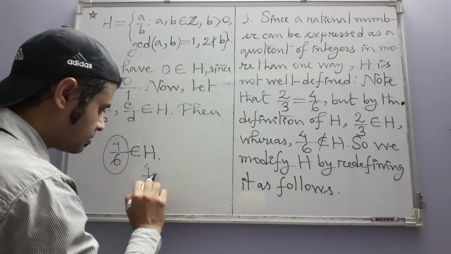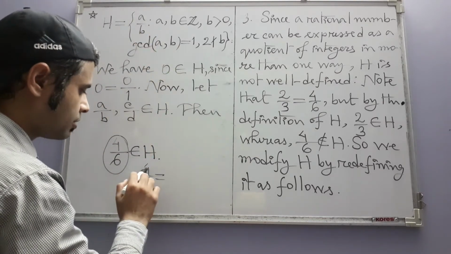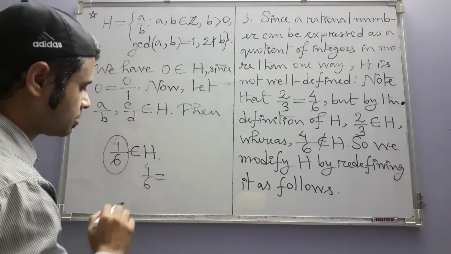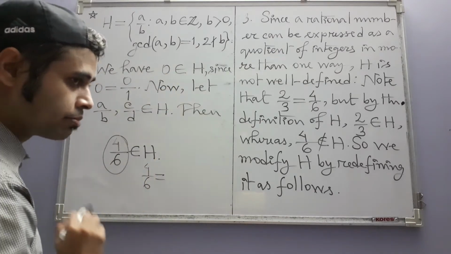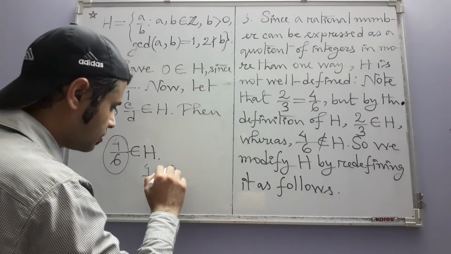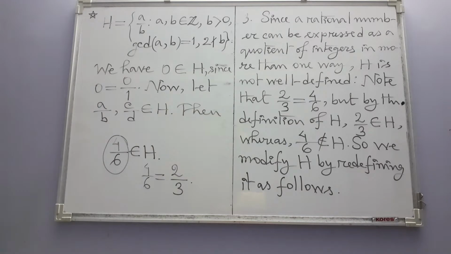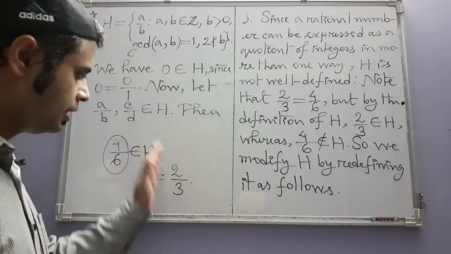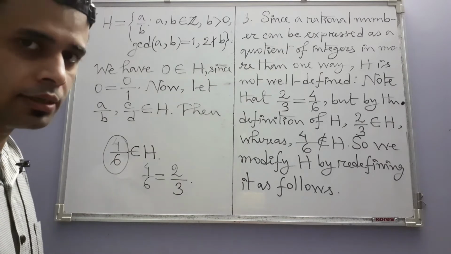Expressing 4 by 6 like this requires us to get rid of common factors so that the GCD of the numerator and denominator becomes 1. So we have to have 2 divided by 3, and then we can see whether these 2 and 3 satisfy these conditions or not, and they do.